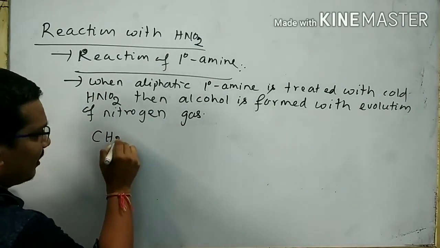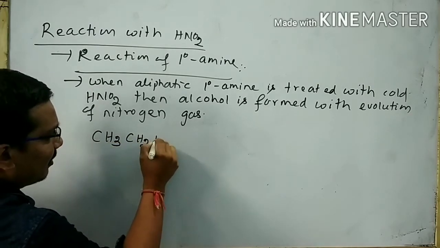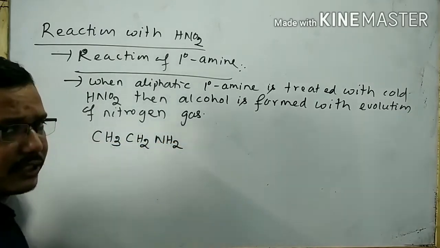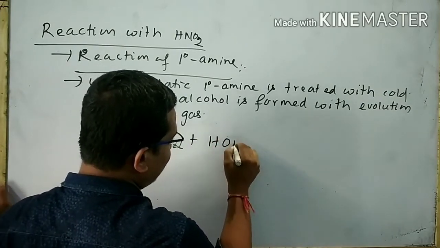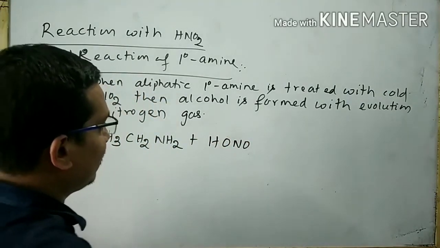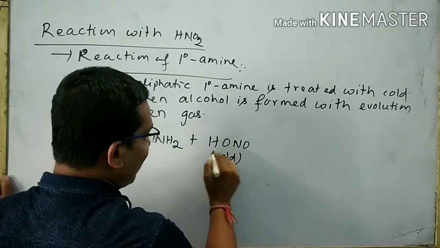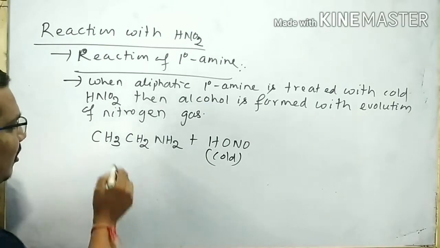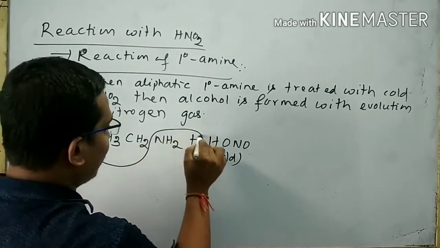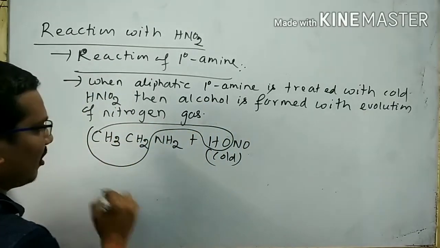Suppose I will take ethylamine. When ethylamine is subjected to reaction with the HNO2, the HNO2 can be written like this, HONO. That is cold. Then what will happen? There is formation of alcohol. That means here we form ethyl alcohol.